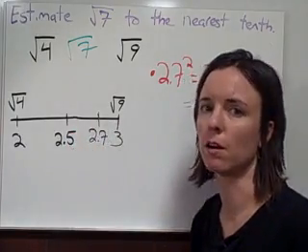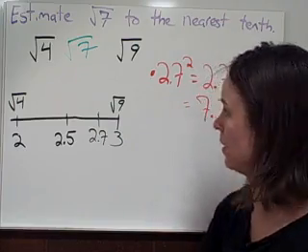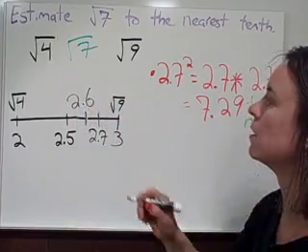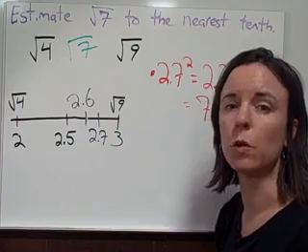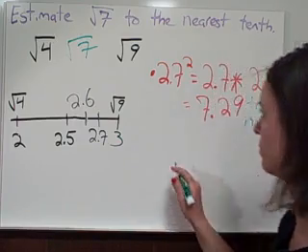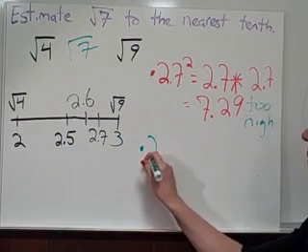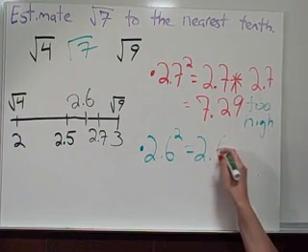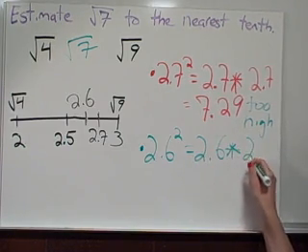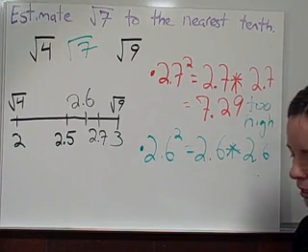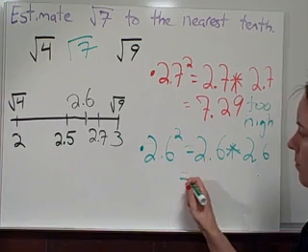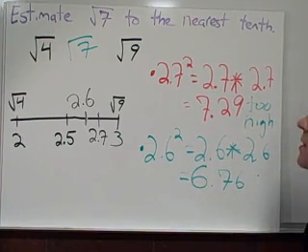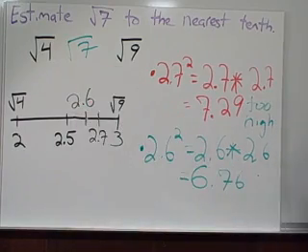I go 1/10 lower to 2.6. So again, I want to find out what is 2.6 squared. So I do 2.6 times 2.6. Feel free to use the calculator. And that gives me 6.76. In relationship to 7, it's too low.